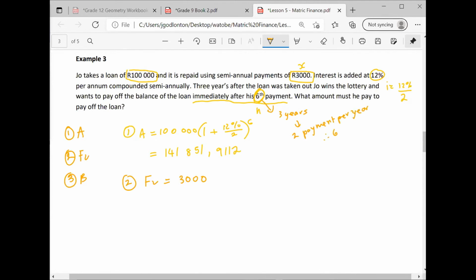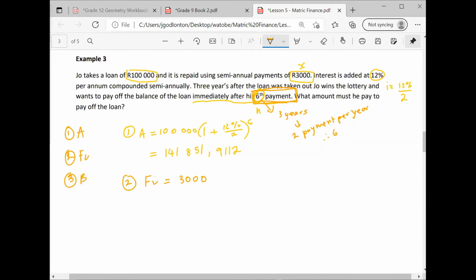But if they tell you how many payments it is, then that is my end value. So the only time I would have to multiply it by 12 or 6 or 2 is if they tell me a time period in years. Only with years, and you times it by however often. Exactly. But if they just say payments, then you're fine. Oh, okay. Thank you, ma'am.